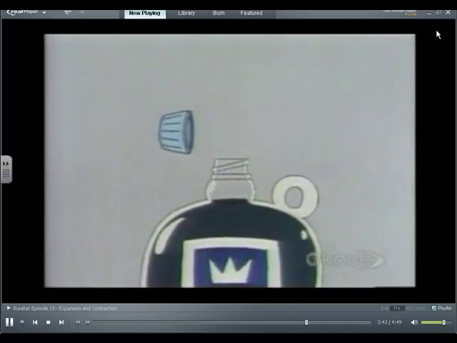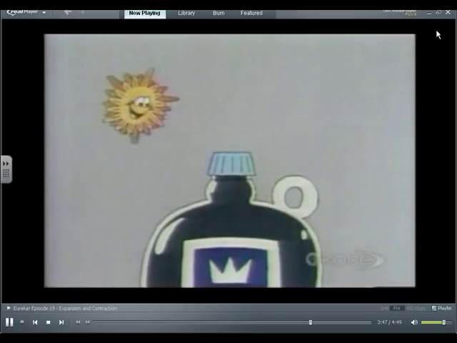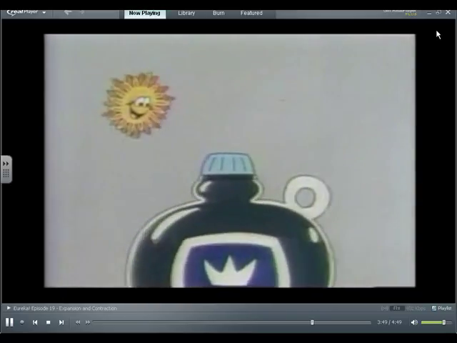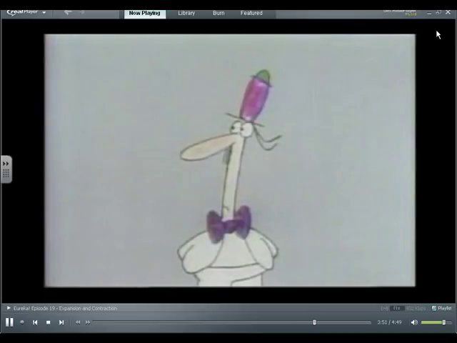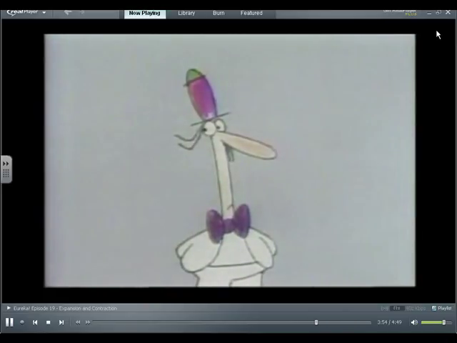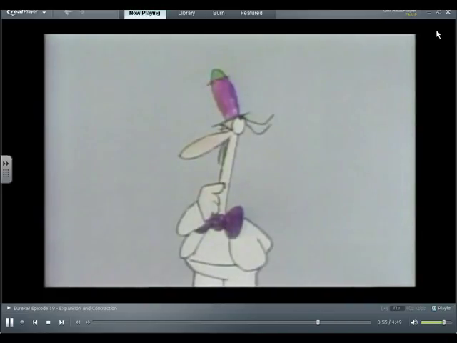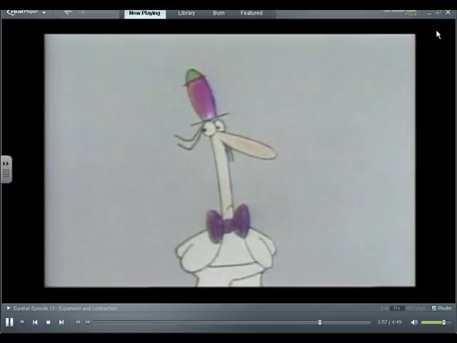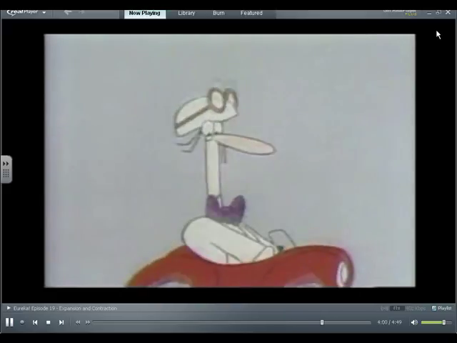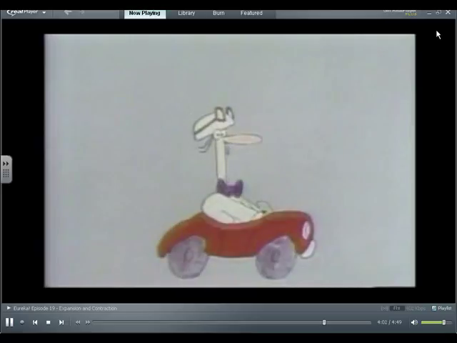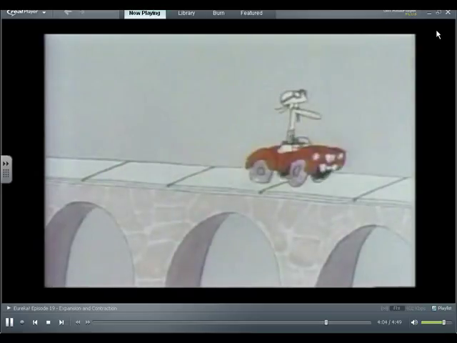A bottle should never be filled to the top, in fact, because if the liquid inside it gets too hot, there's even a danger of the bottle exploding. Can you think of an everyday example of a solid expanding and contracting? Well, what do you think causes that ka-thump, ka-thump noise when a car drives over a bridge?